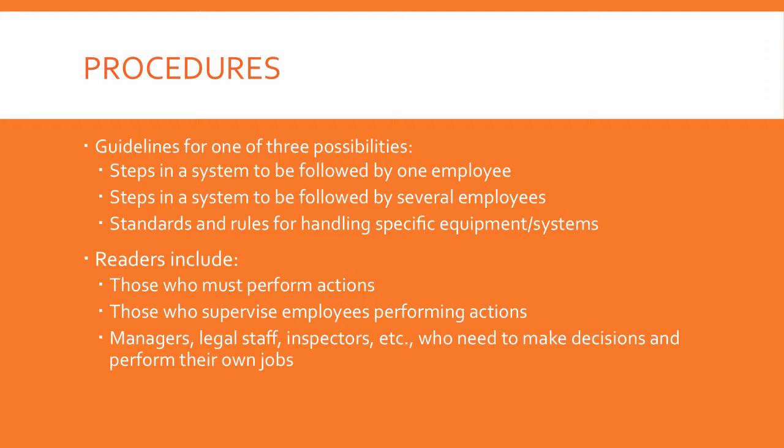And so what that does is it takes some of the blame off of you, because you have gone through the process as a hospital of saying this is the safest, most efficient way that we need to do this to prevent the contamination or spread of disease, and that this person just happened to not follow those instructions. Okay, so that's one of the big reasons that we do procedures.